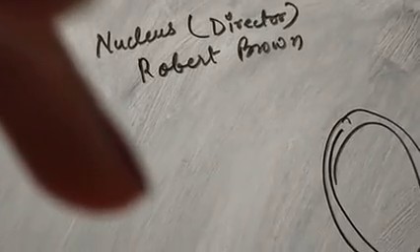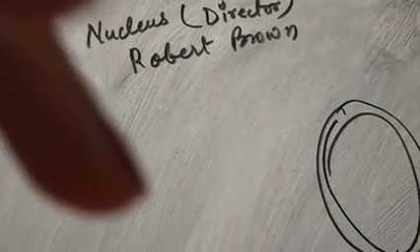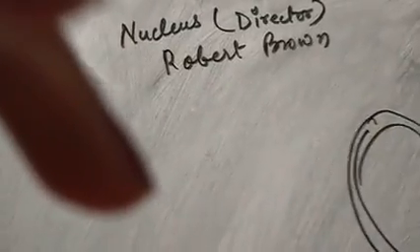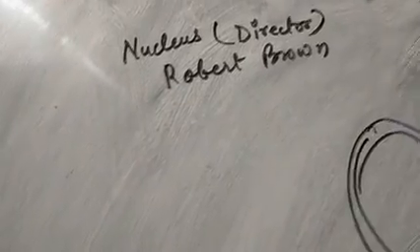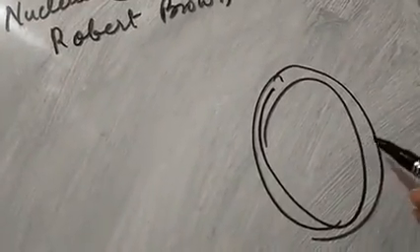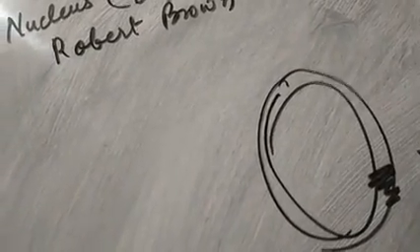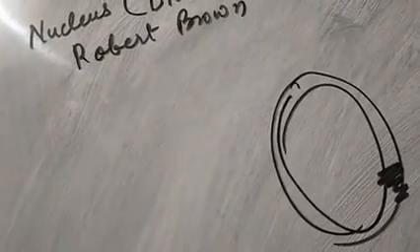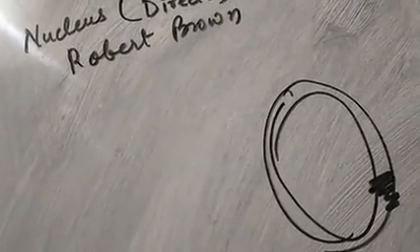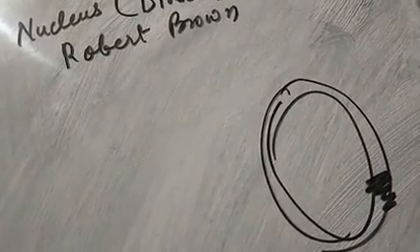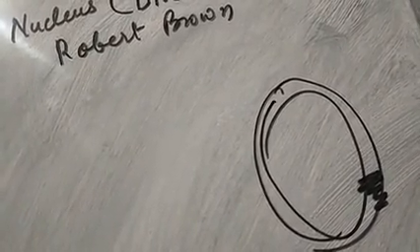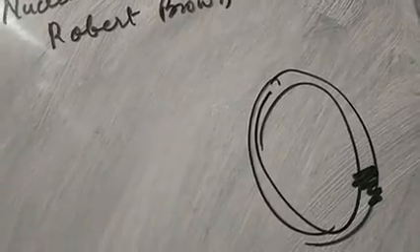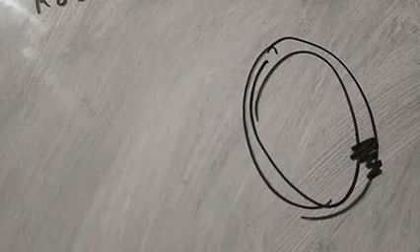It forms a barrier between the material present inside the nucleus and that present inside the cytoplasm. So the nucleus is a double membrane structure, and the nuclear membrane prevents the entry and exit of material between the nucleus and the cytoplasm.